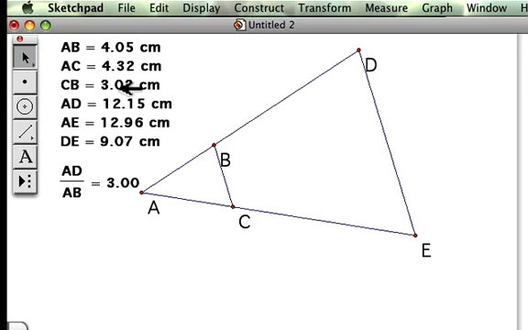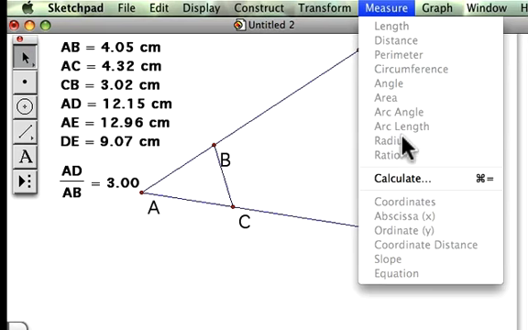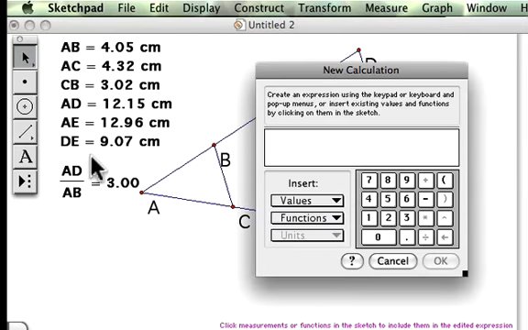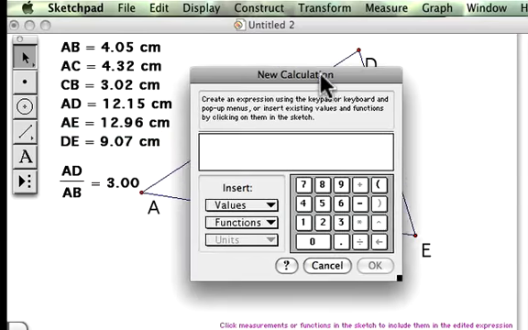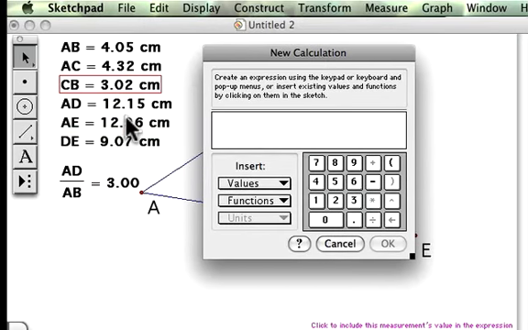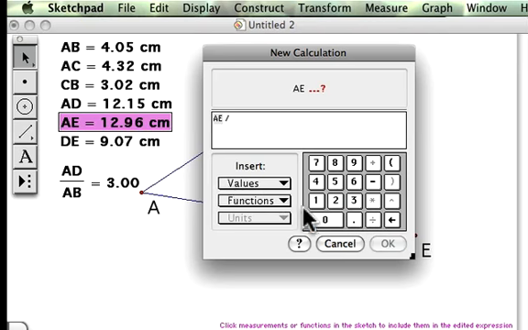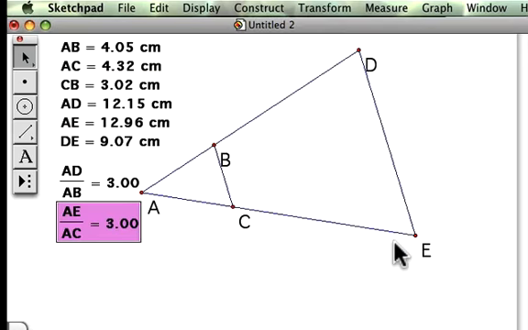So when we take a look at the next one, it is going to be AC. So we're going to go Measure, Calculate, and we're going to take AE divided by its corresponding side, which is AC, and click OK. And AE divided by AC is 3.00, which means that AE is 3 times longer than side AC.